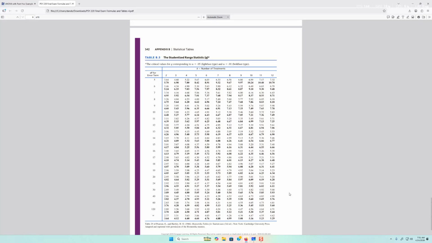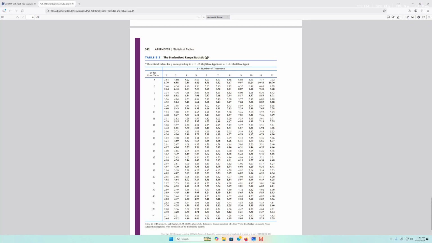What we're looking for here is a little bit different. The number of treatments, not the degrees of freedom here. The columns at the top are the number of treatments. So the number of treatments here is 3. So K is 3 here. For the F ratio, we used K minus 1 on top, but for the Q table, we're just going to use K. So we had 3 treatments, and we had 15 degrees of freedom.